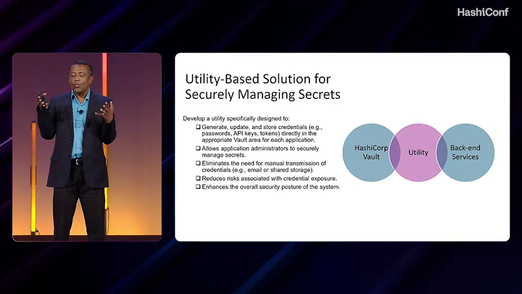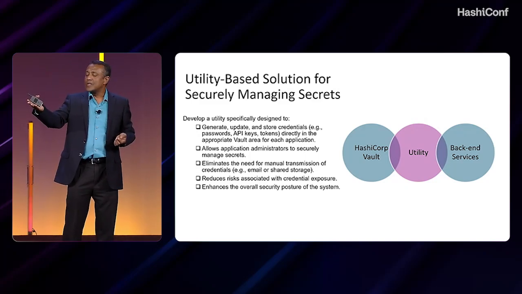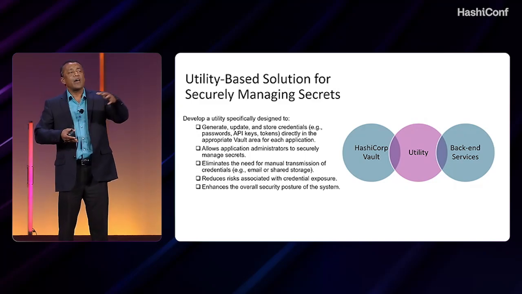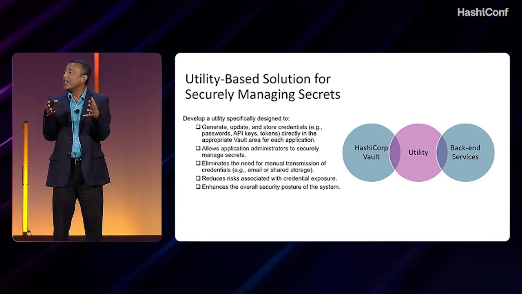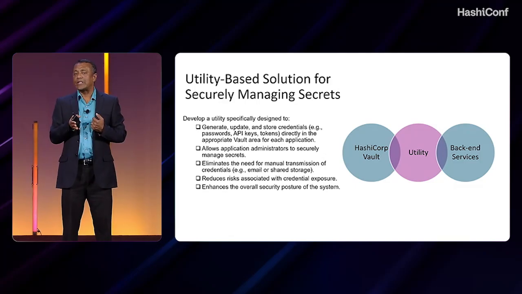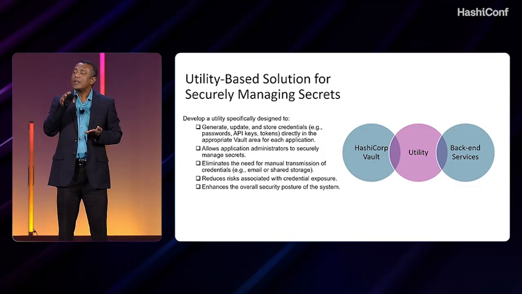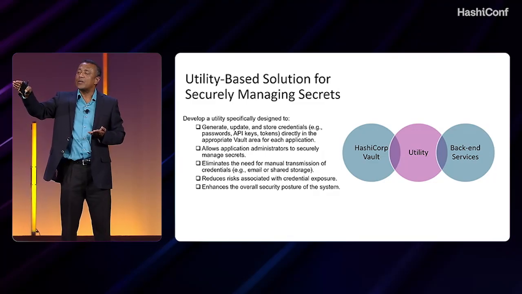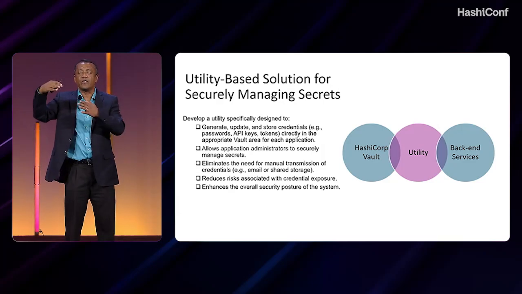As I'm showing in the picture here, you have a backend service, you use a utility, and you also have a HashiCorp Vault. This simple utility can go to the backend service of an application. For example, for a Java application, this utility can go to the backend service Mongo and generate a password only for that app, not for any others.